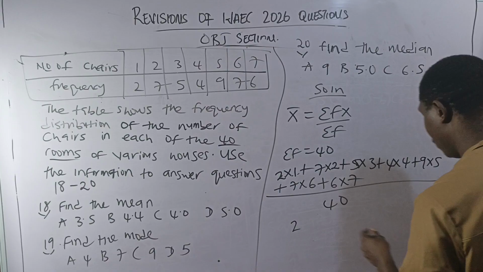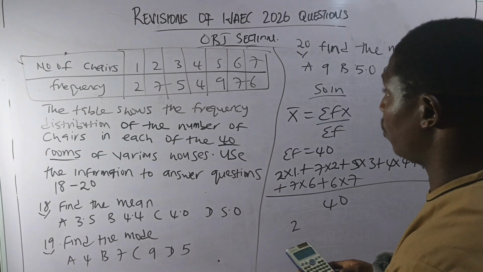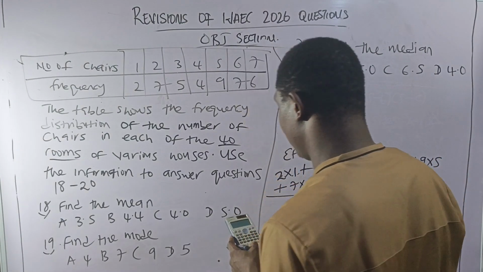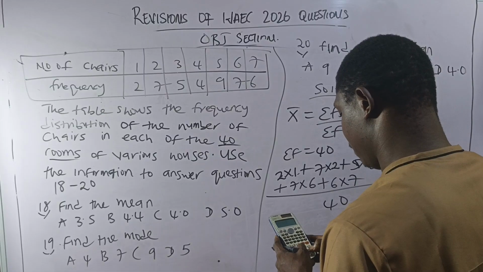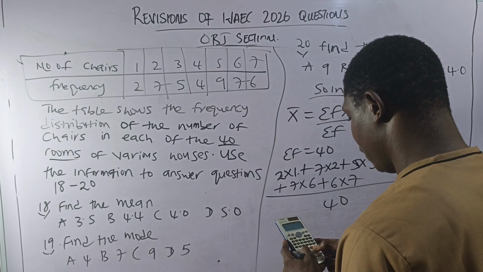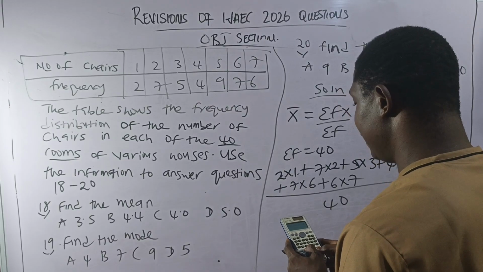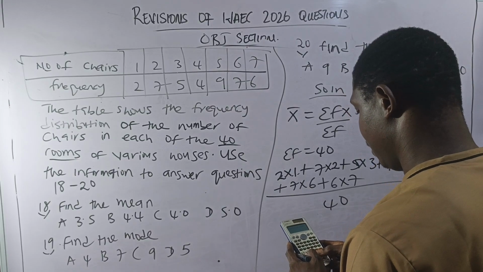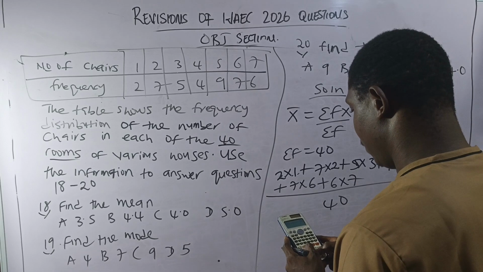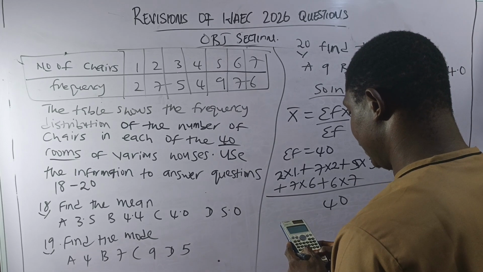This will give me, or let me use the calculator straight. 2 times 1 plus 7 times 2 plus 5 times 3 plus 4 times 4 plus 9 times 5 plus 6 times 7 plus 7 times 6.